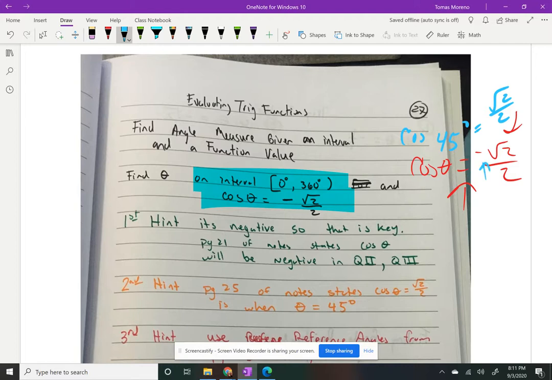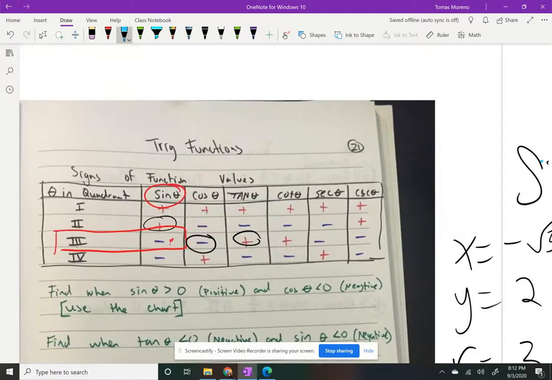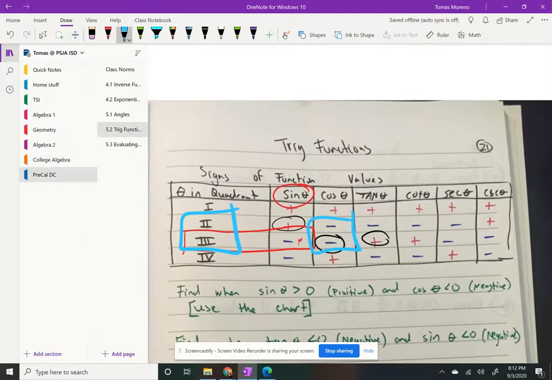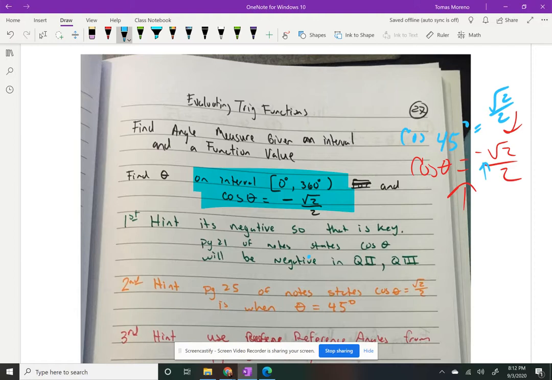So that means we have to go to our 5.2 notes to figure out in what quadrants cosine is negative. So let's go to our 5.2 little chart. Cosine is negative in quadrants 2 and 3. So let's keep a note on that. Quadrants 2 and 3.